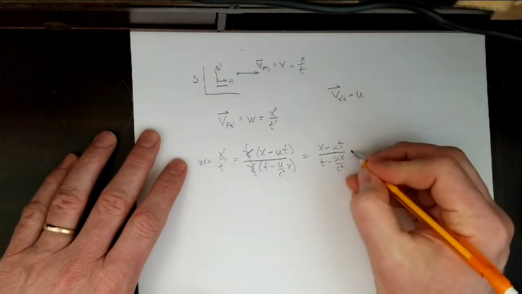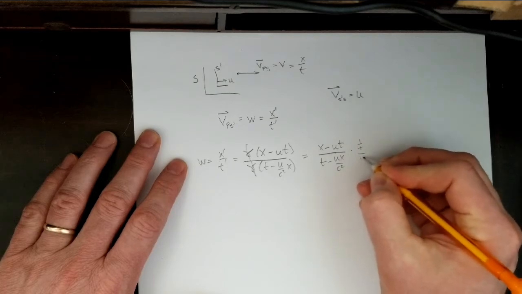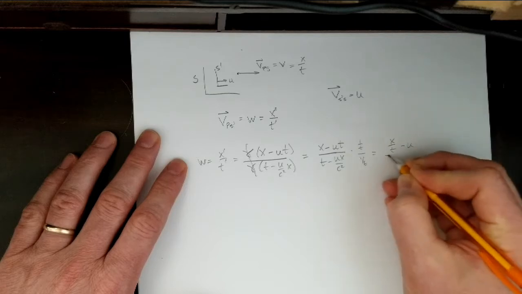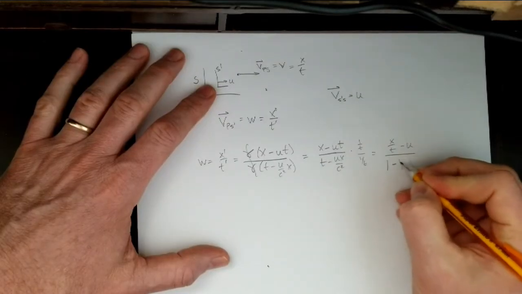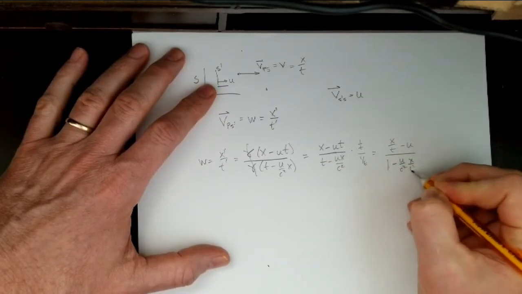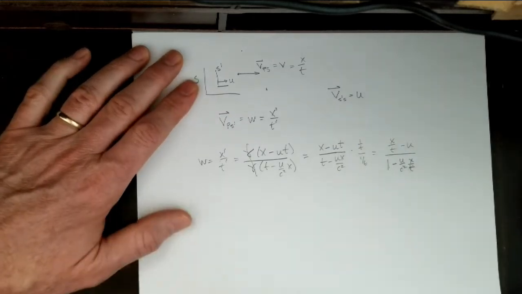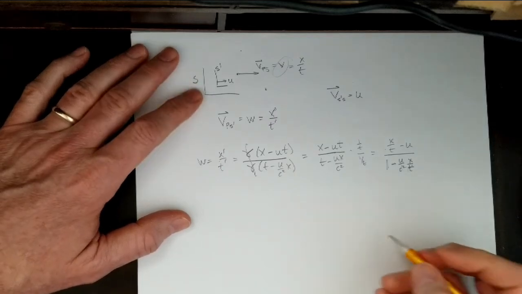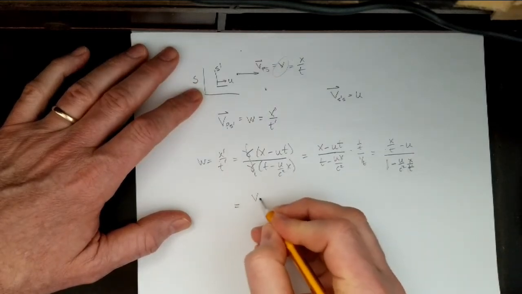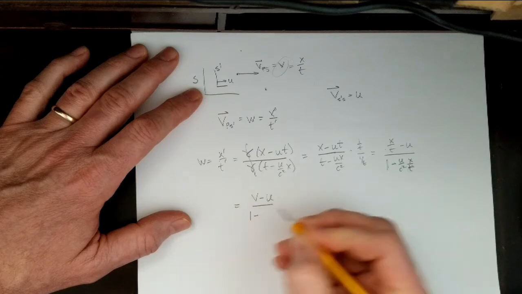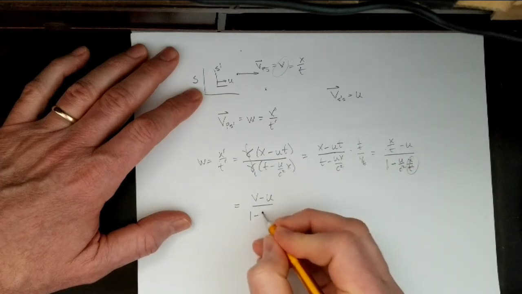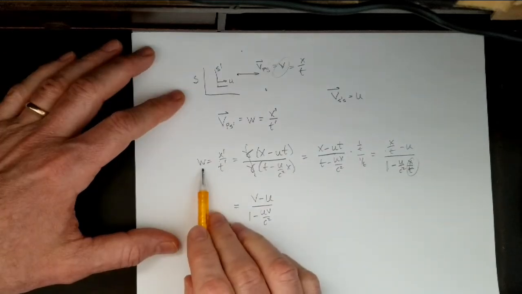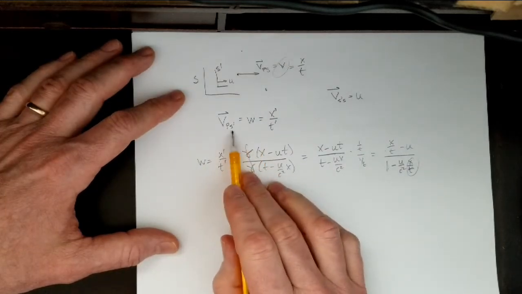I'm going to multiply top and bottom by 1 over t, because I know where I'm heading. And so I get (x over t minus u) over (1 minus u over c squared times x over t). X over t, we established, is the speed of the particle in the S frame. So that's equal to (v minus u) over (1 minus uv over c squared). So this is the speed of the particle from the S prime frame.